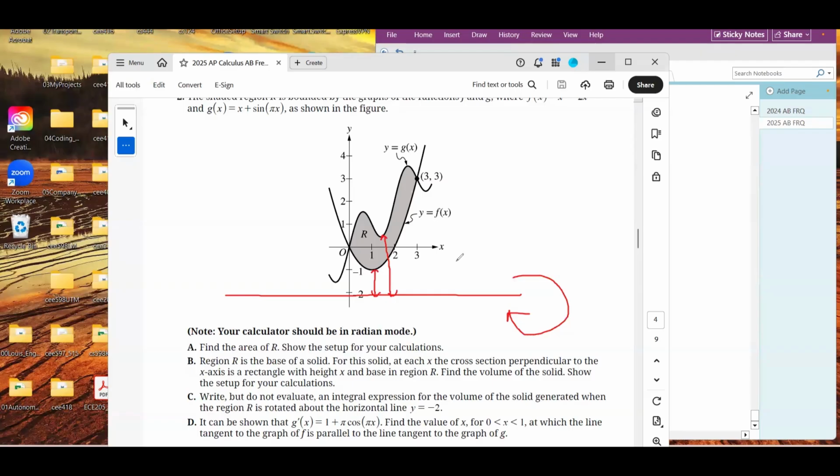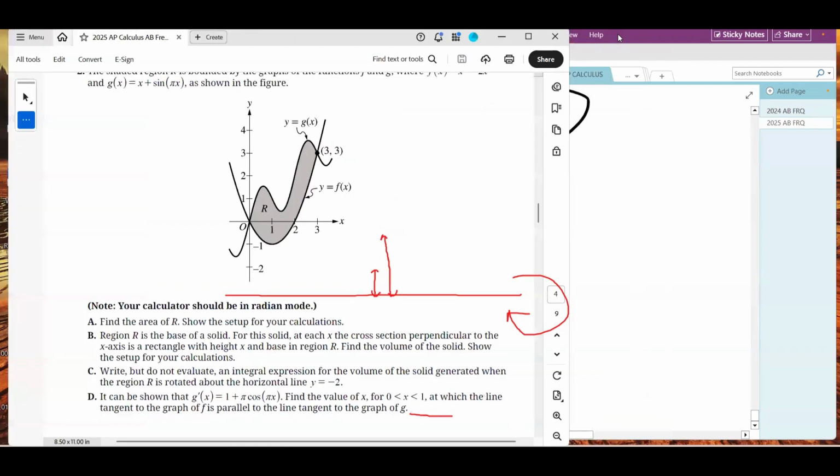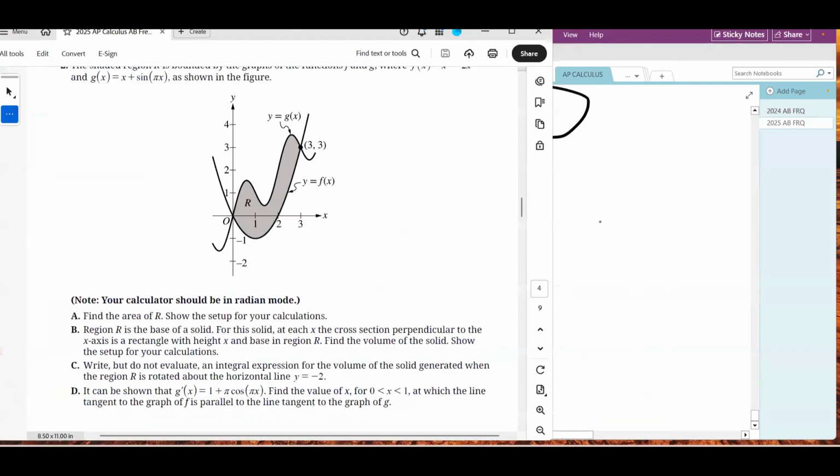Well, since we have the horizontal line y equals -2, I need to make sure to add the 2 to each of the f of x and the g of x. So since we have that situation right now, I'm going to go ahead and clear my annotations here.